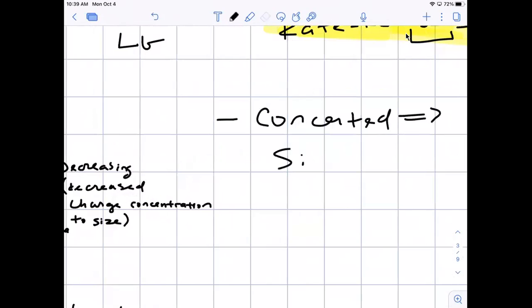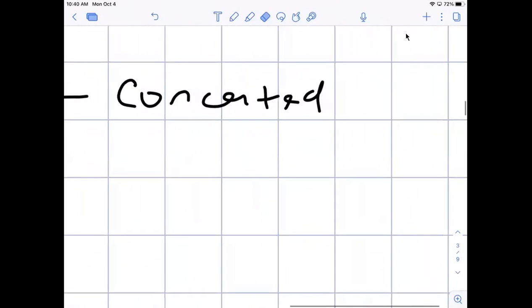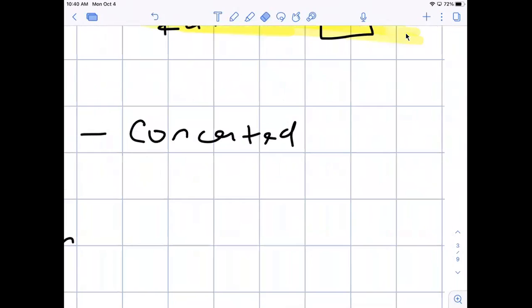And let me not say concerted, because a lot of times you'll have a mechanism that has multiple steps, but I'm going to say that it has a concerted rate determining step.